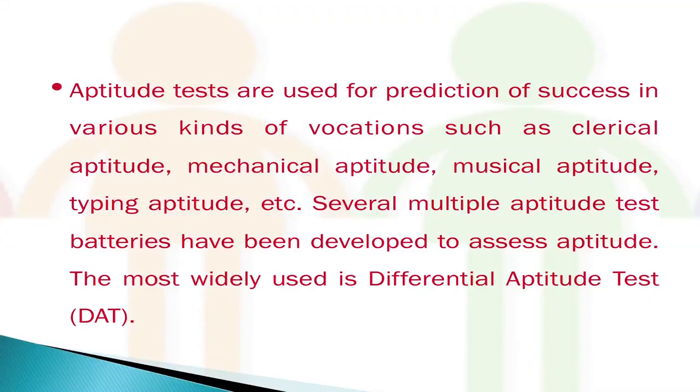We did comparisons among intelligence, aptitude and achievement. We discussed measurement scales like DAT, the Differential Aptitude Test. According to Allport, personality is the dynamic organization within the individual of those psychophysical systems that determine his unique adjustment to his environment.